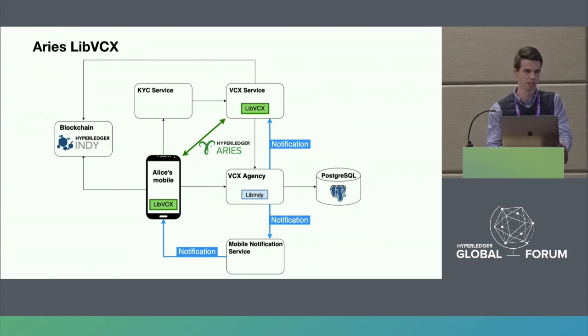So it might take some time till the Aries implementation of libVCX supports revocations. So we can either do that, or we can give up Aries, but have the revocation feature available to us. And it seems like revocations are quite an important feature for the business owners. So we'll have to make this decision.